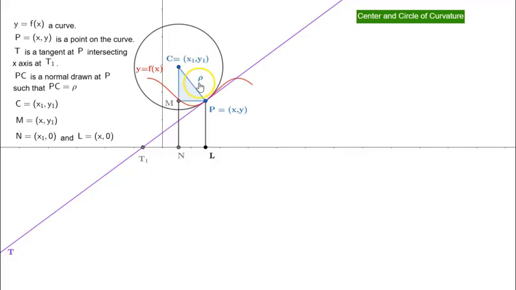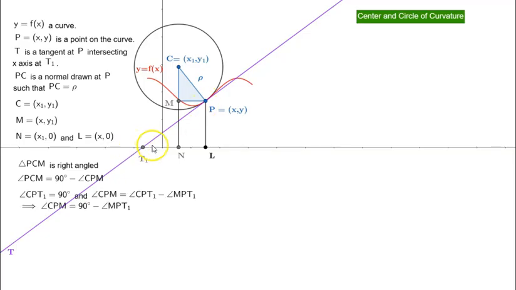Remember, this PC is the rho, that is the radius of the circle of curvature. Triangle PCM is right angled. So angle PCM is equal to 90 degree minus CPM. CPT1 is 90 degree because this is the tangent and this is the radius. And angle CPM is equal to CPT1 minus MPT1.